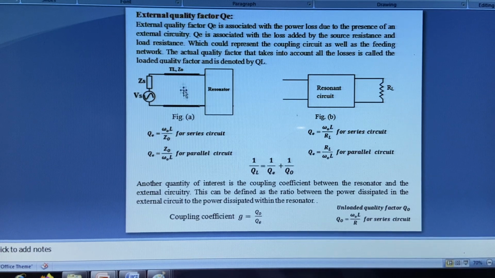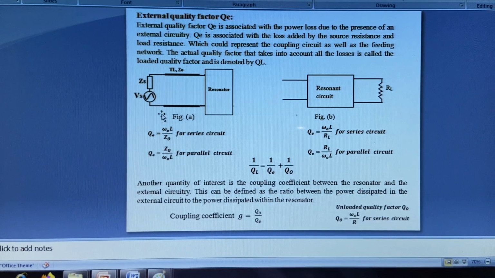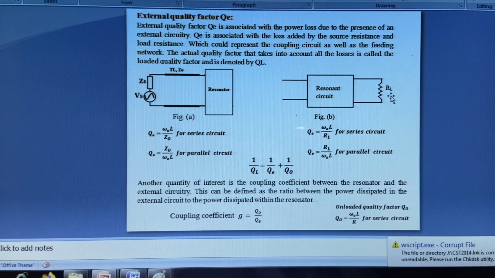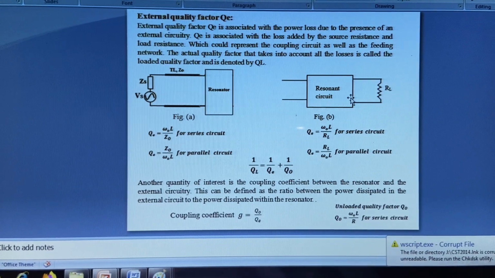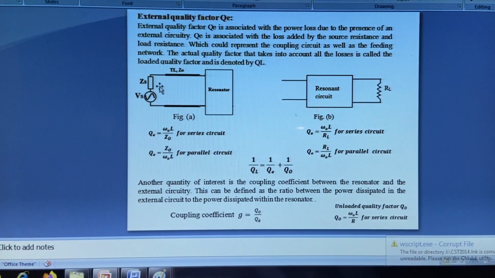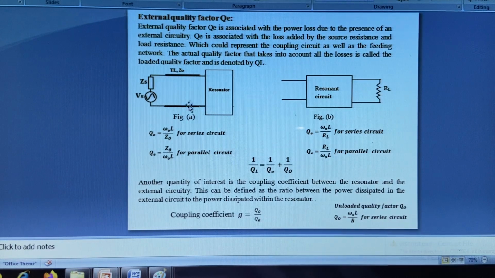So this is an external circuitry for interfacing the resonator to the excitation. Similarly, the resonator circuit is connected to the load RL as shown in this figure. Thus, the loss associated with this external circuitry, the source side and the load side, is calculated using the quality factor called the external quality factor QE.